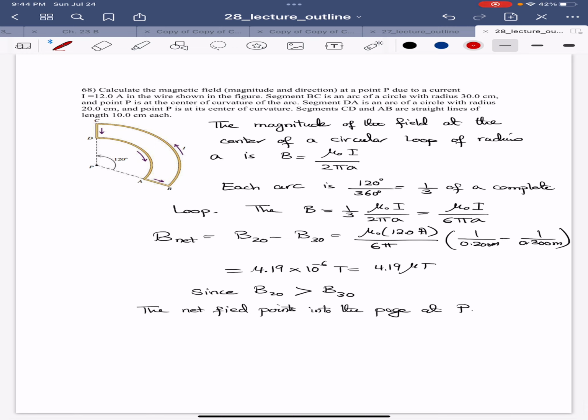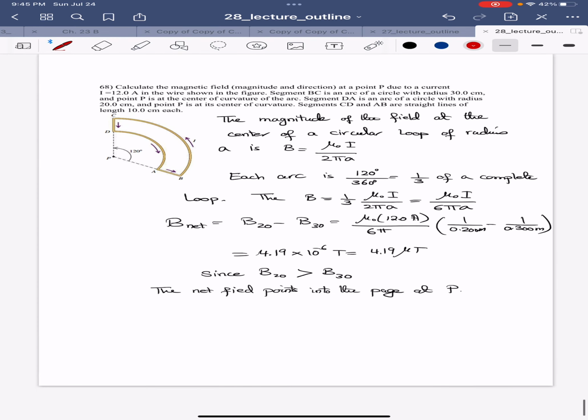And therefore B is going to be 1/3 of mu 0 I over 2R, and that is going to be mu 0 I over 6R. And then the net B is going to be the difference between the two magnetic fields, and the net field points into the page at P.